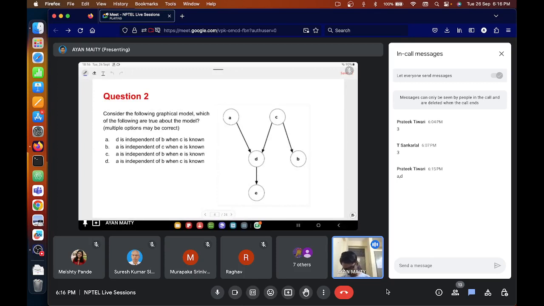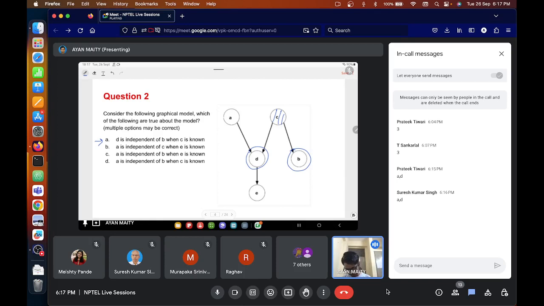For this question we have to check each option one by one in the Bayesian network, and check whether each option is correct or not. First option says D is independent of B given C. So C is known, C is given.